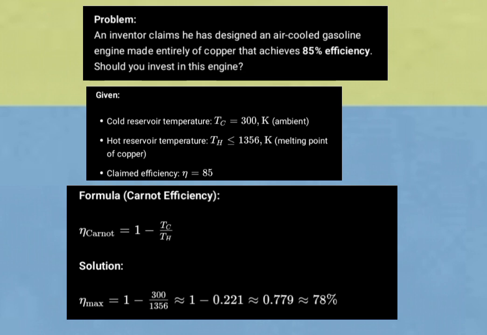Hence, the maximum possible Carnot efficiency is η equals 1 minus 300 K over 1356 Kelvin equals 0.78 or 78%. Thus, the efficiency of any real engine would be less than this, so it would be impossible for the inventor's engine to attain 85% efficiency.